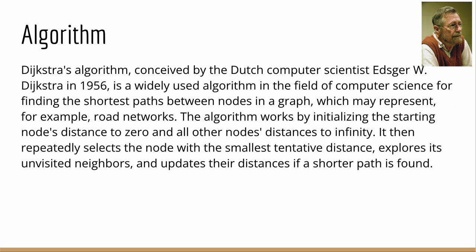So, first of all, let's talk about his algorithm. Dijkstra's algorithm was conceived by the Dutch computer scientist Dijkstra in 1956. It's widely used in the field of computer science for finding the shortest path between nodes in a graph.